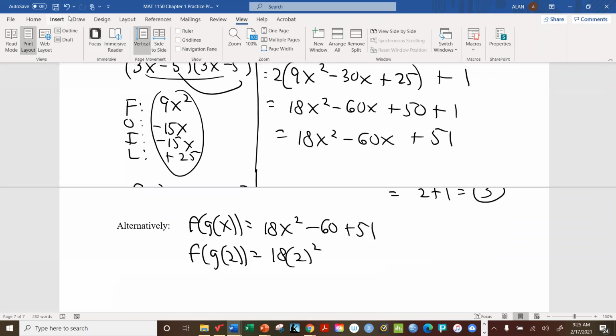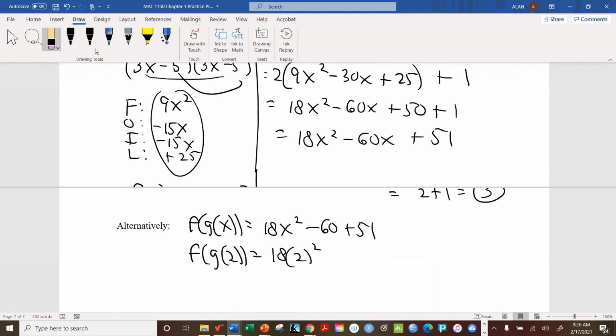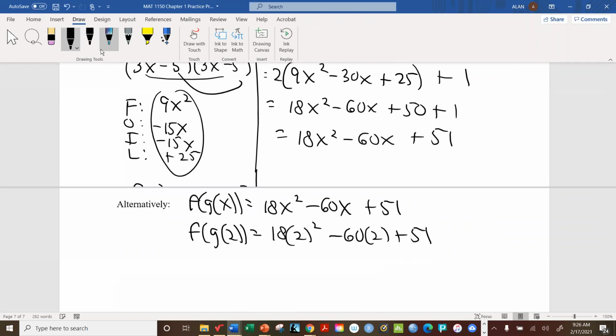Oh, sorry, I wrote it incorrectly. I just realized it. It's minus 60x plus 51. And so you end up with 18 times 4 minus 120 plus 51. So this is 72.